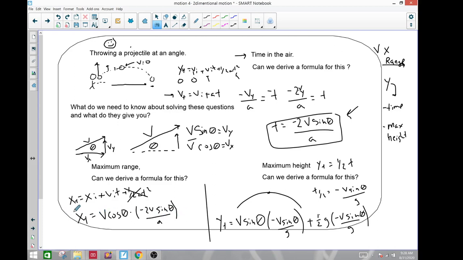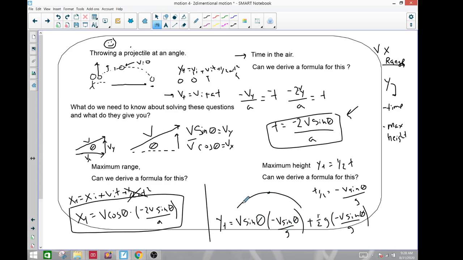Now we have a formula for the location of maximum range. Three different formulas.